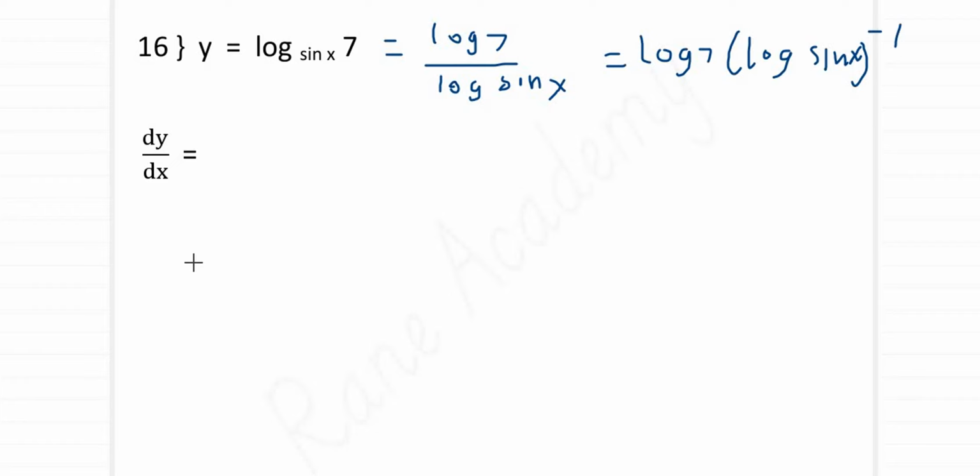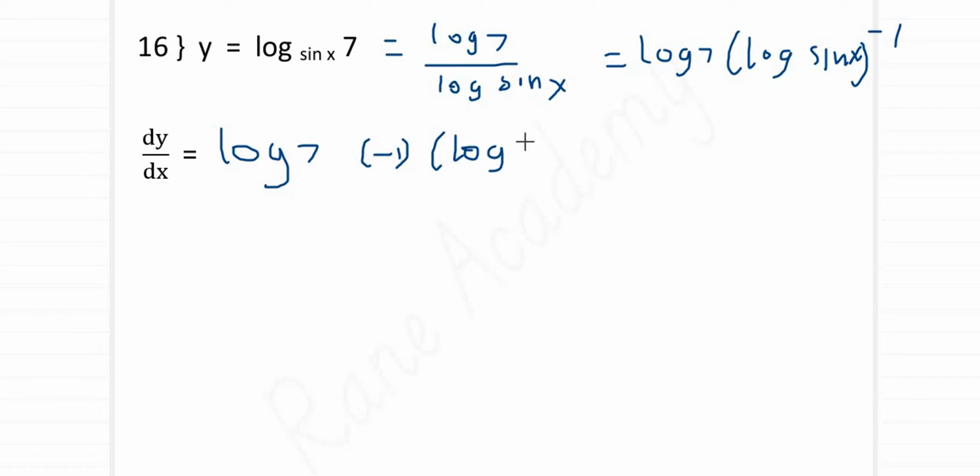Now we have simplified, so we differentiate. The derivative will be log 7, which remains as it is because it is a constant. Then log of sin x whole raised to minus 1. We have here minus 1, and since it is a power function, raised to minus 1 minus 1, that is minus 2.